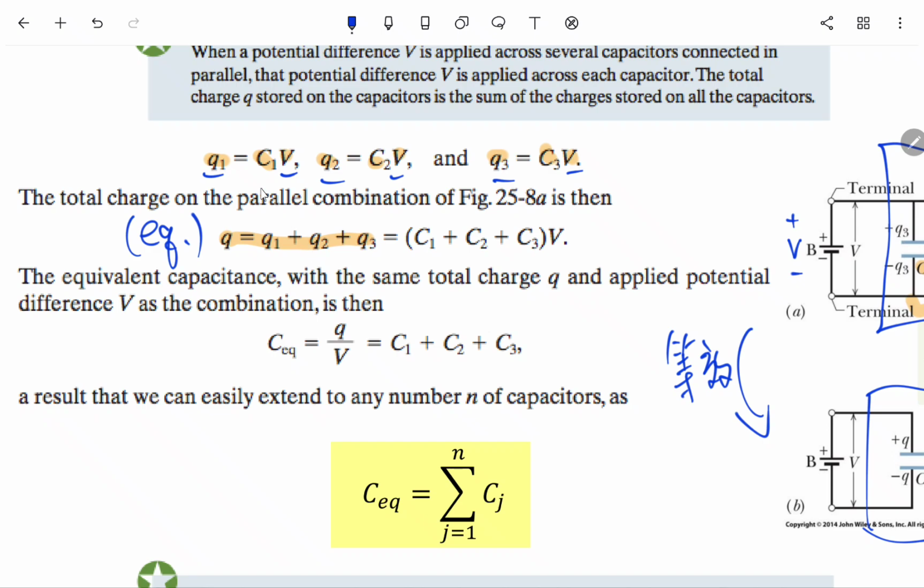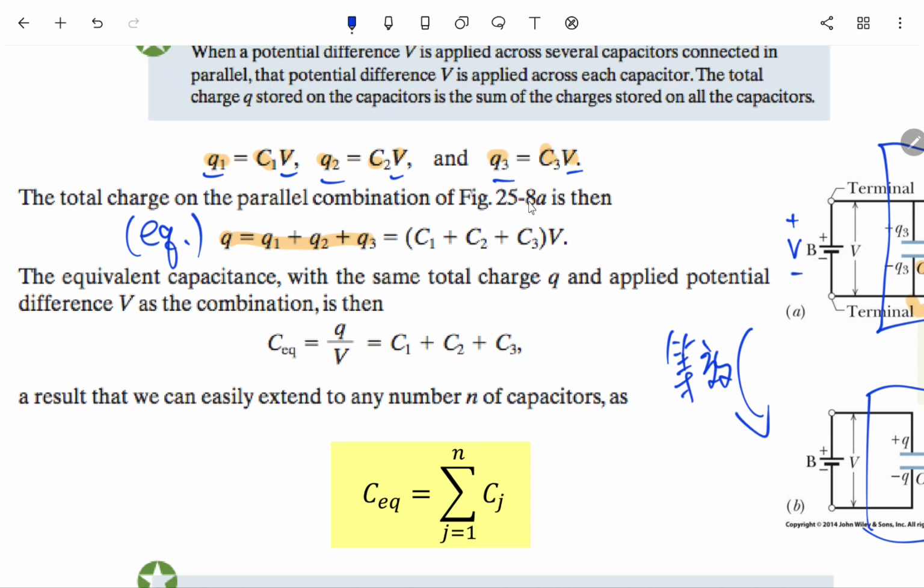So here we plug in Q1 to be C1V, Q2 to be C2V, Q3 to be C3V. So clearly you can see that V is the common factor, so we put this V outside.